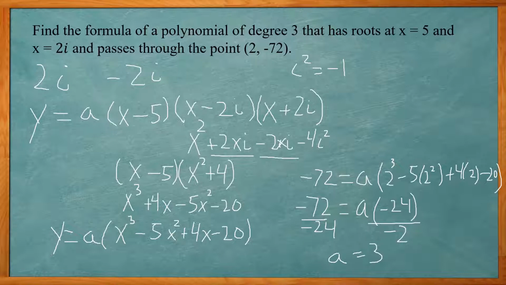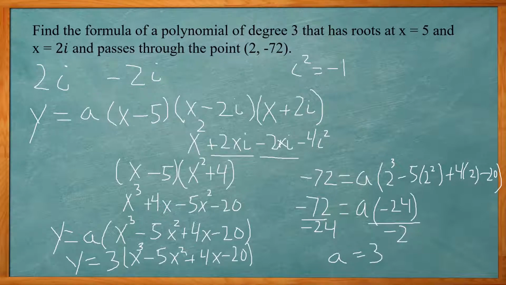So we write this out, it would be y equals 3 times x to the third minus 5x to the second plus 4x minus 20.